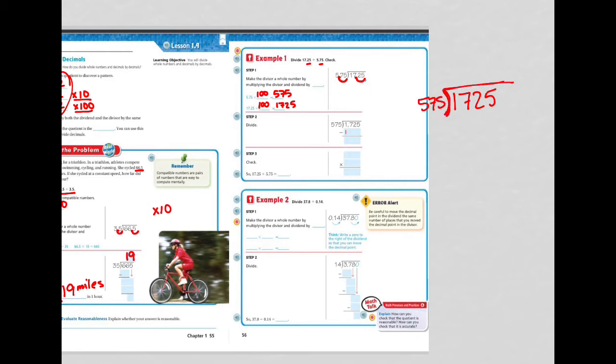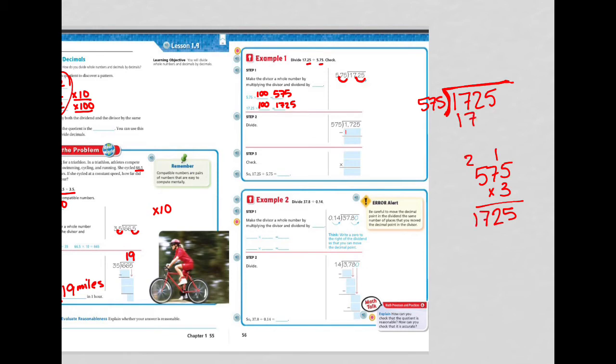Now I know this looks like that long division that we did in the first lesson that we loved oh so much, but we are going to still attempt it. I'm going to guess that this is a 3, so I'm going to go ahead and test that out. 575 times 3 and see what we get here. 3 times 5 is 15. 3 times 7 is 21, plus 1 more is 22. 3 times 5 is 15, plus 2 more is 17.